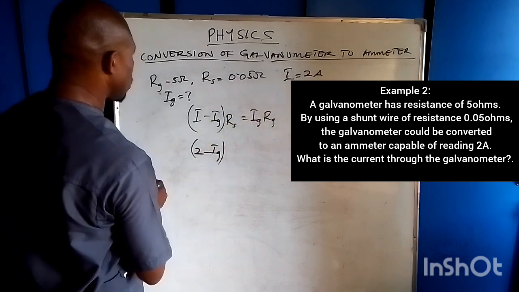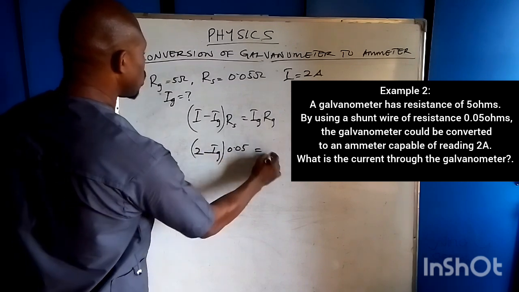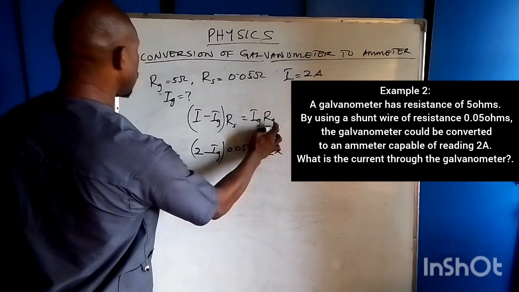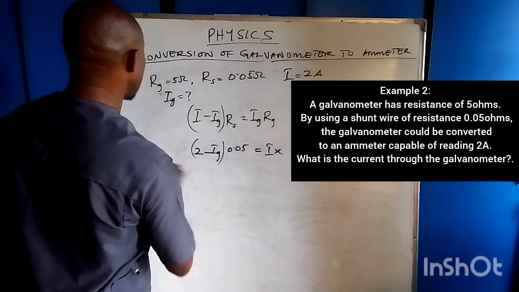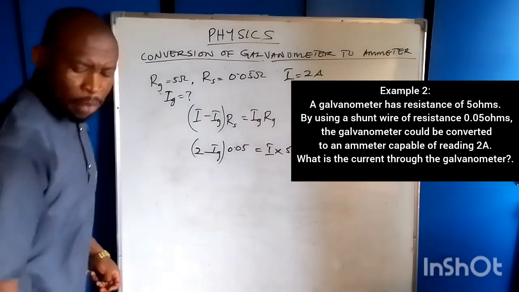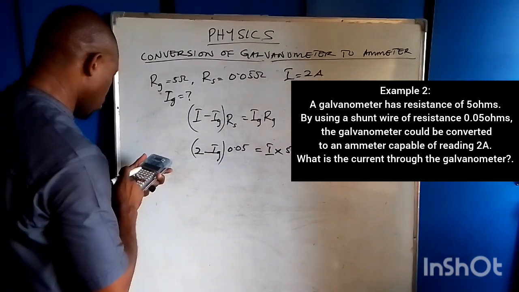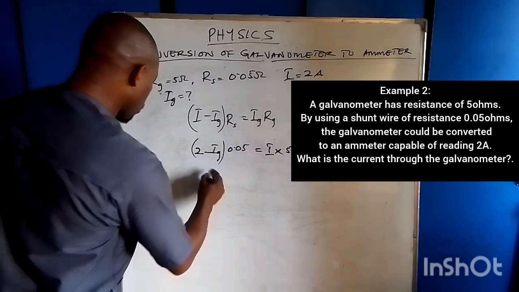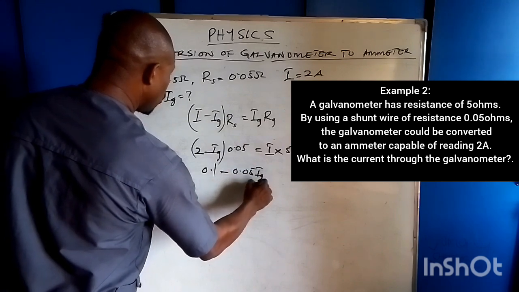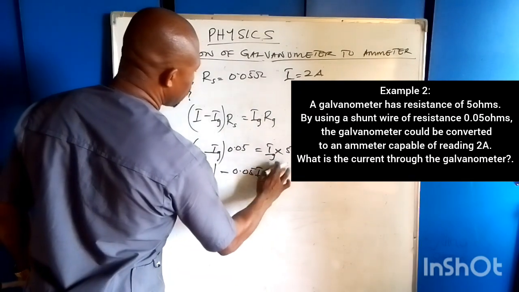RS is 0.05, which is equal to IG multiplied by RG. RG is 5. Now, 2 times 0.05 will give us 0.1 minus 0.05 IG, which is equal to 5 IG.